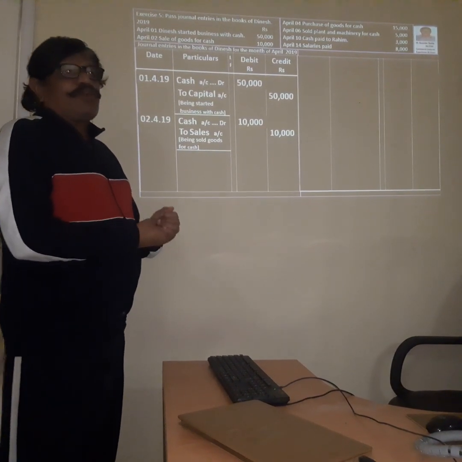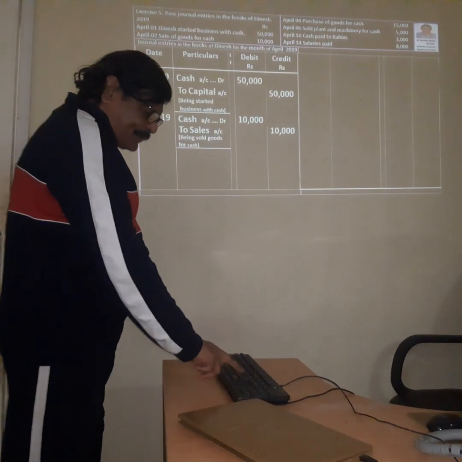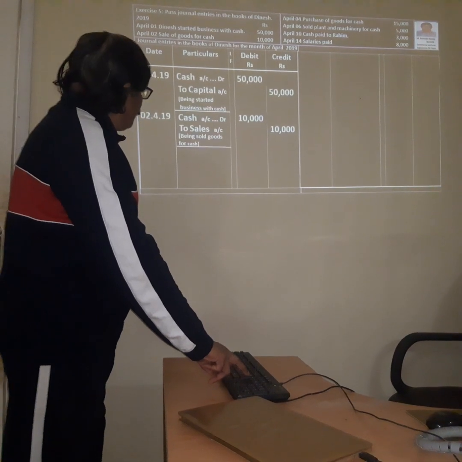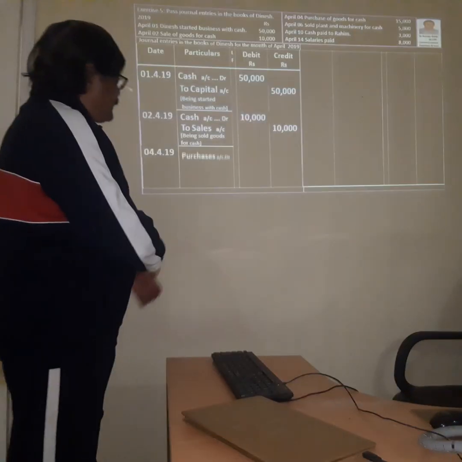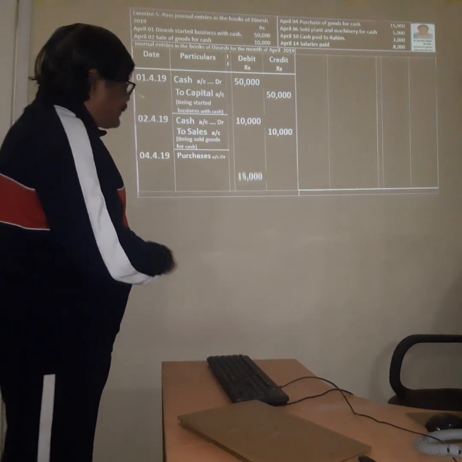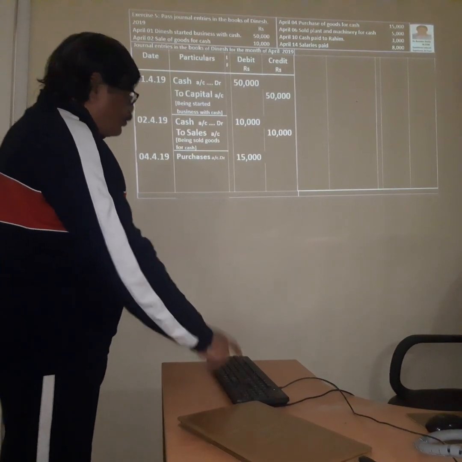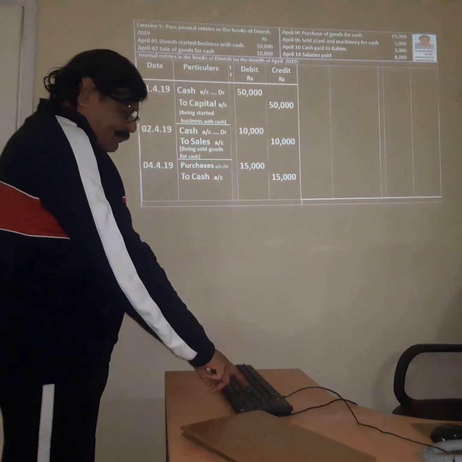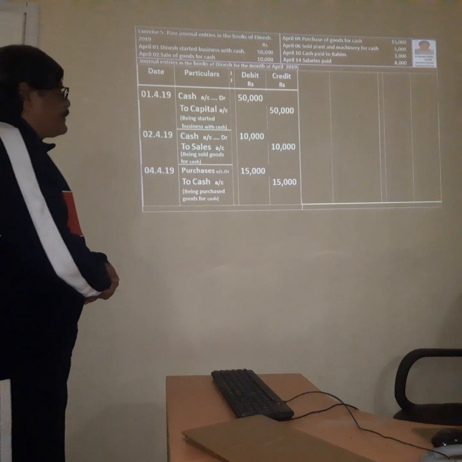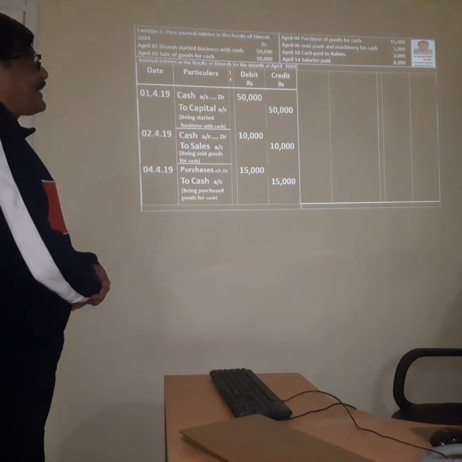So credit what goes out: cash account. So the entry appears like this: 4/4/2019, purchase account debit, we write down on the debit side 15,000. Then to cash account credit, we write down 15,000 credit. Then we write down the narration as being purchased goods for cash.